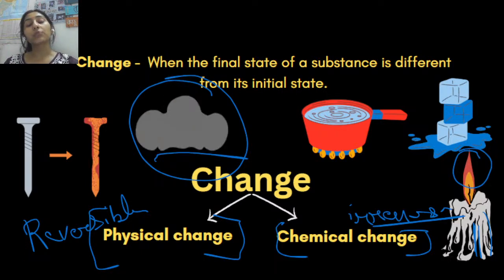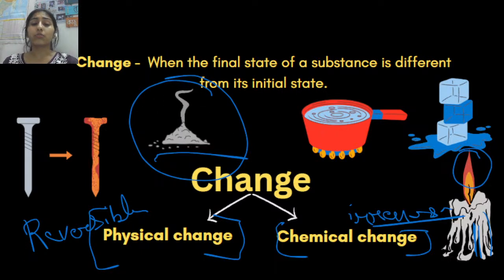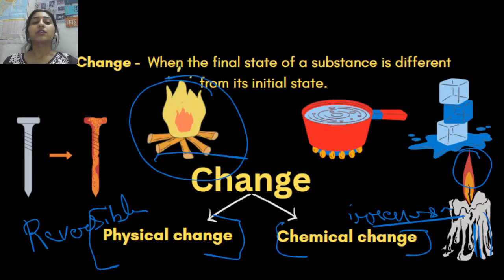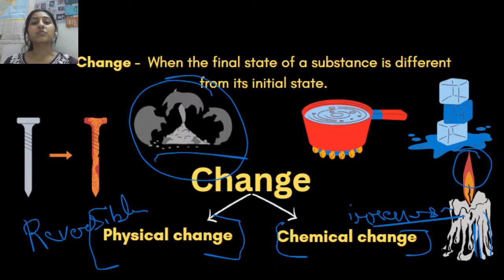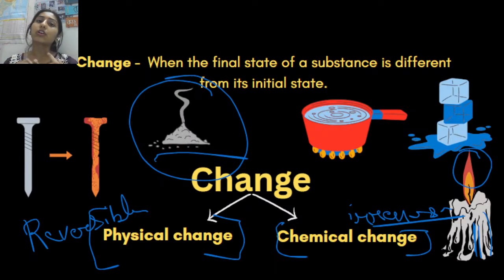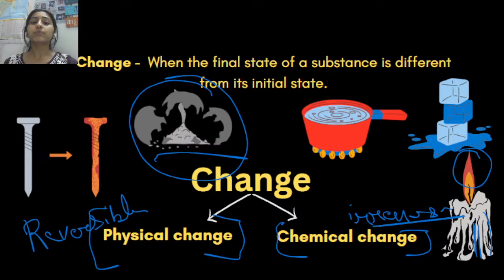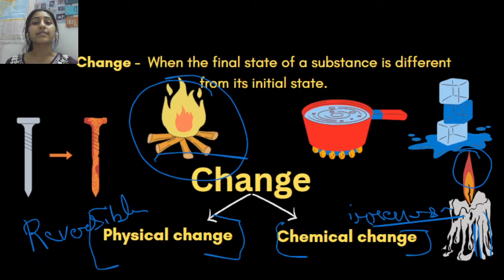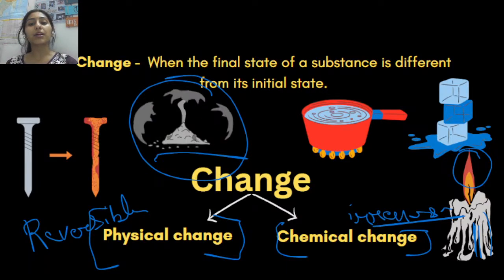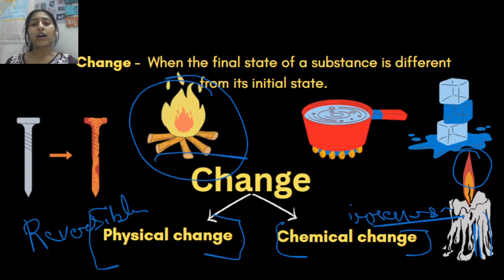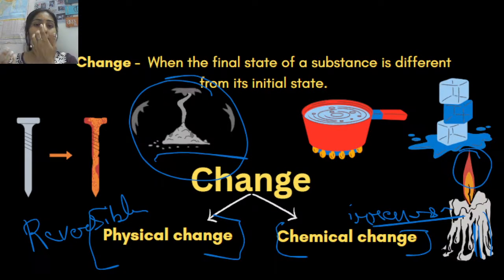So this is a chemical process, because the chemical properties or the composition of wood is different compared to that of ash. So the composition of the particular substance is getting changed in chemical changes, whereas the state or just structural modification takes place in physical changes.